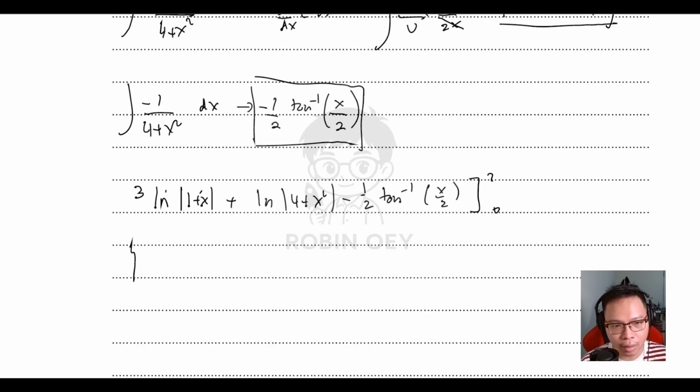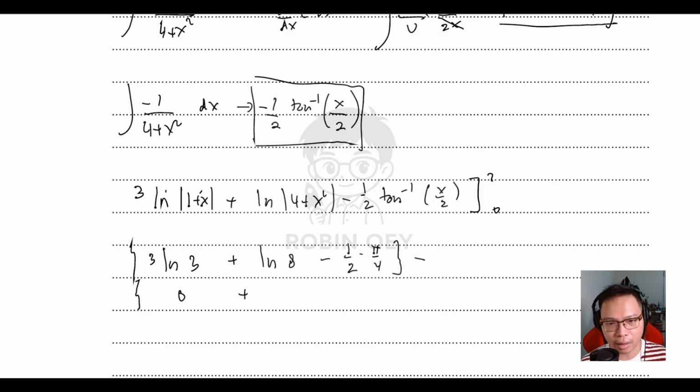So we have 3 ln 3 plus ln 8, negative half inverse tangent of 1. Inverse tangent of 1 is pi over 4. So that's the first part, minus the lower limit. The lower limit will be 3 ln 1, that is 0, plus ln 4 minus 0.